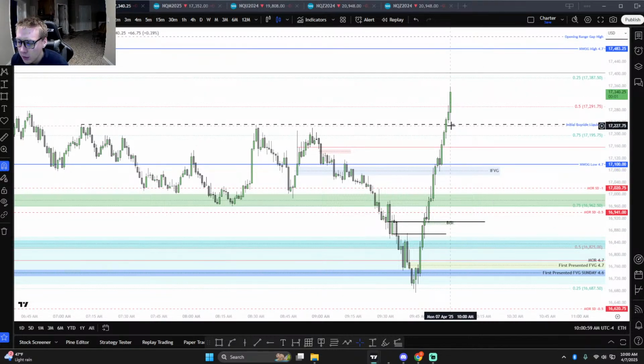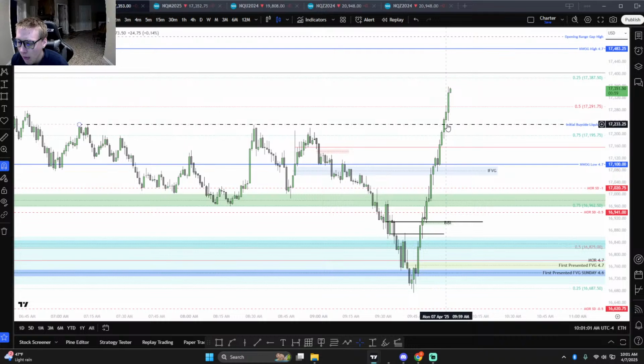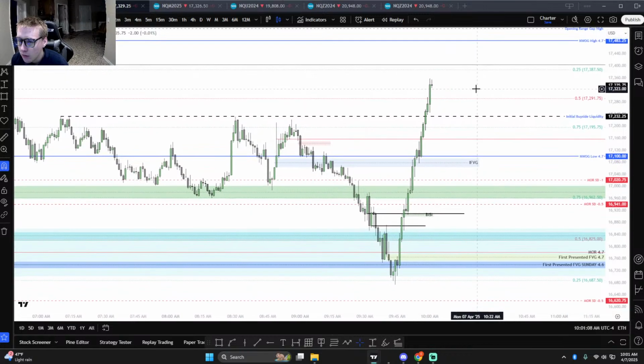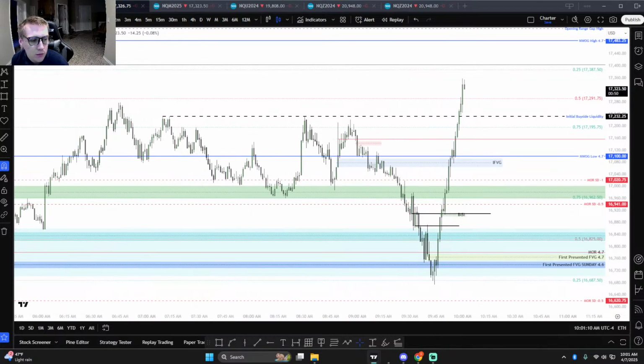Opening range is now complete. ES just hit opening range constant encroachment.